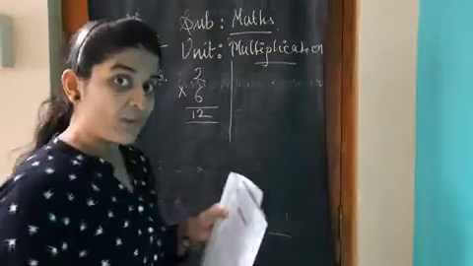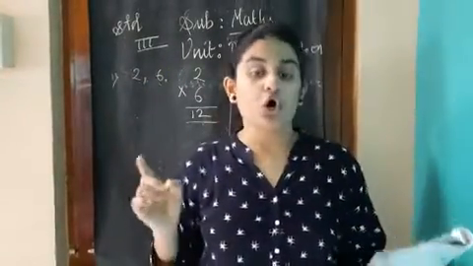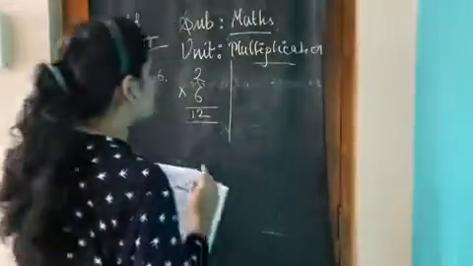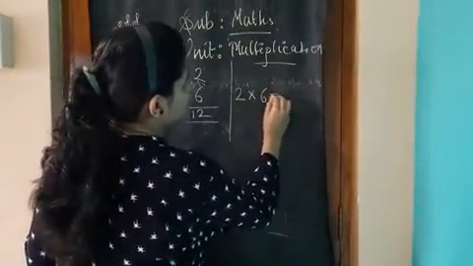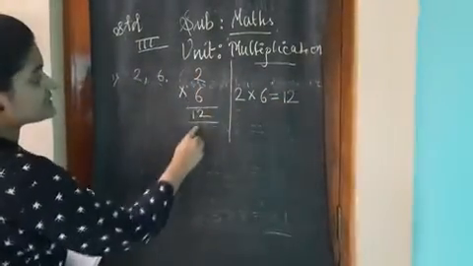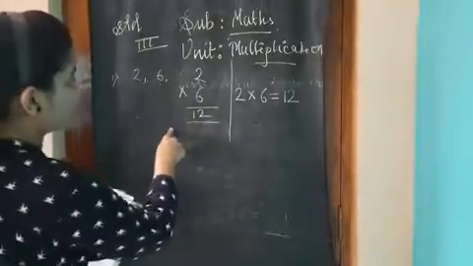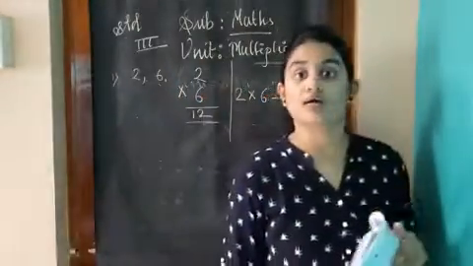But if I want to write the same question in horizontal manner, then how will I write? I will write 2 6s are 12. So students, this sum is in vertical manner and this sum is in horizontal manner.